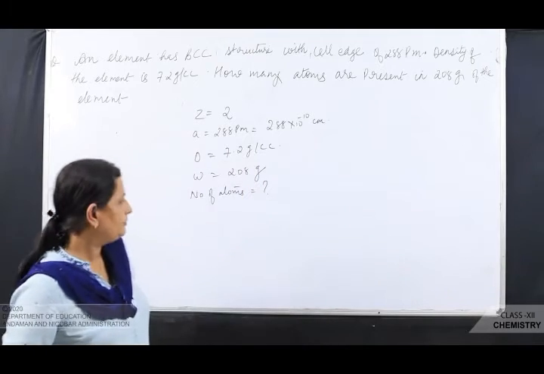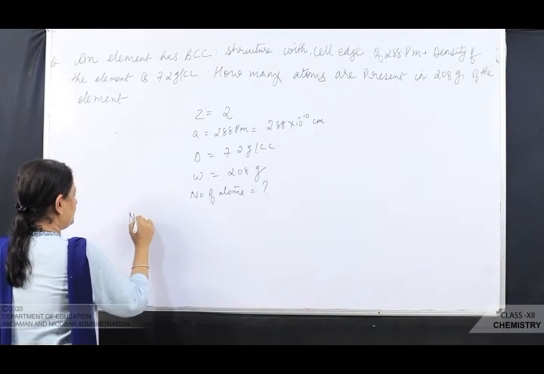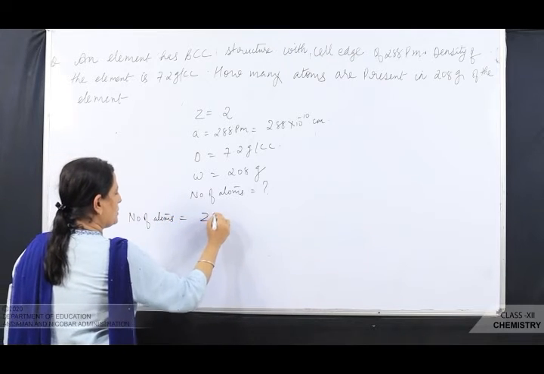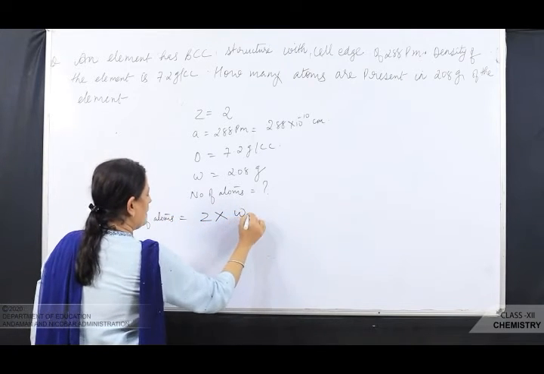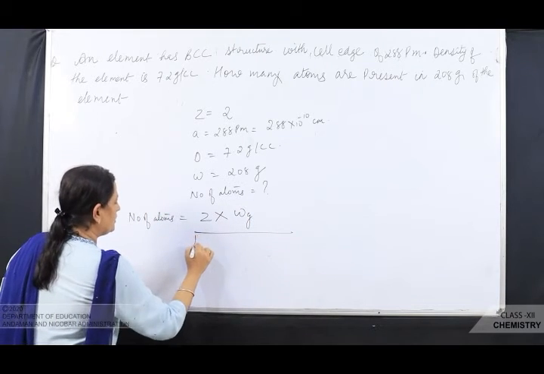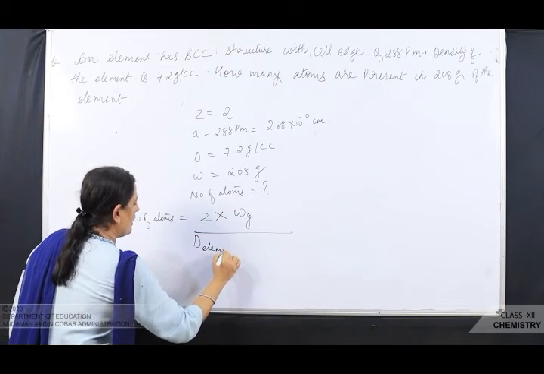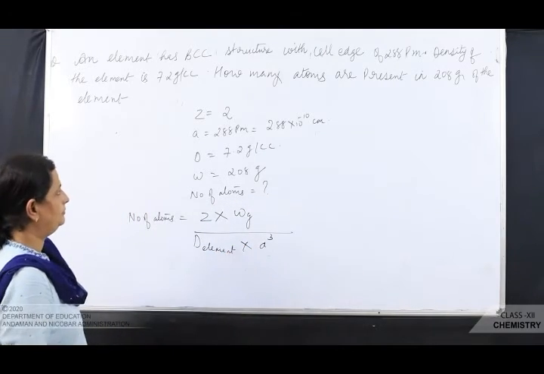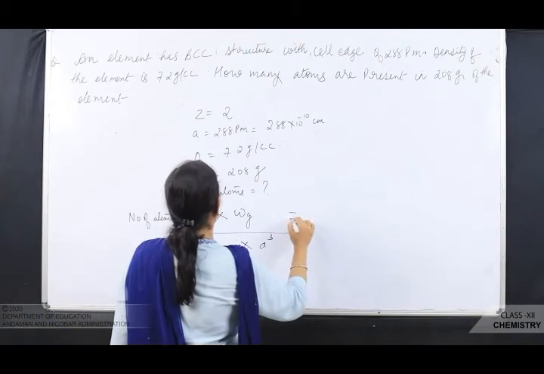It is simple. Number of atoms, the answer will be the same, Z into mass of the element in grams divided by what? Density of the element into what will come? A cube.